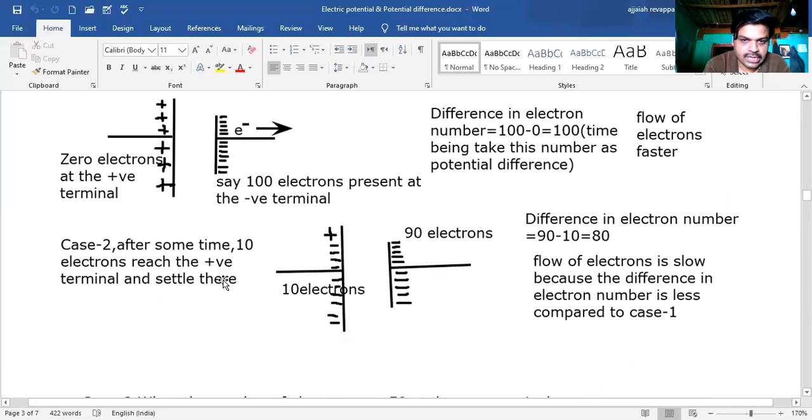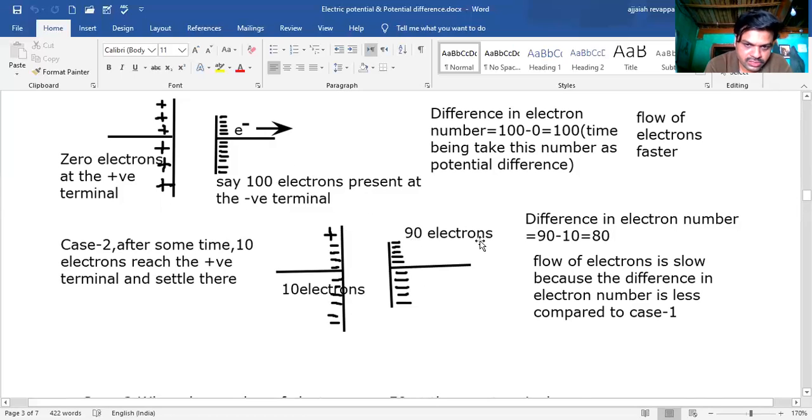Fine. Now, in case 2, I'm going by our assumption. Now 10 electrons have traveled all the way in the external circuit, reached the positive terminal and settled.